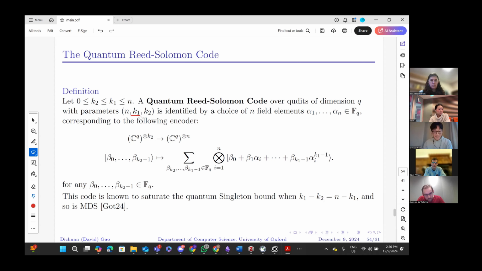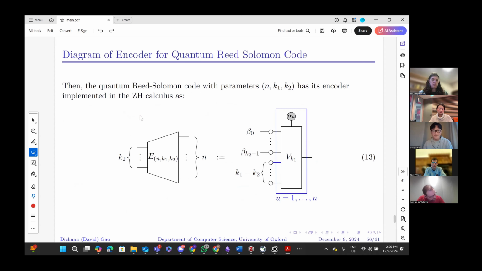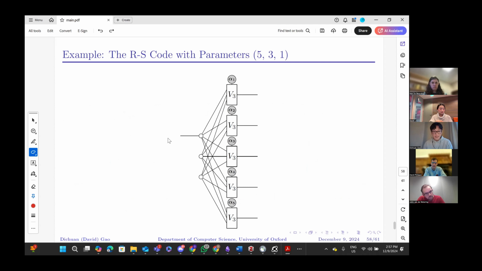K2, okay. Graphically, you can see this here. So K2 is 1, which means that there's one logical qubit. Now here K1 is 3, which means that there are 3 Z spiders here, right? So the other 2 are basically just logical qubits that are being summed over all possible values.